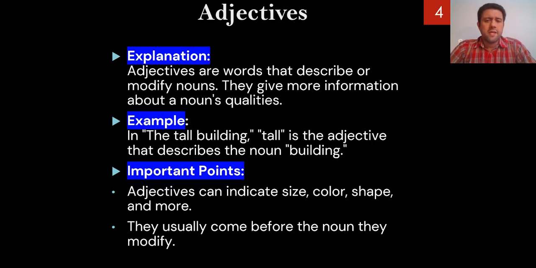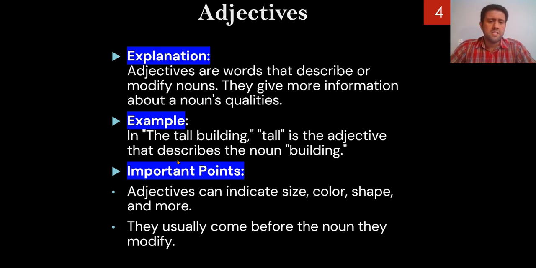The next one is adjectives. Adjectives are words that describe or modify nouns. They give more information about a noun's qualities. As an example, in the phrase "the tall building," tall is the adjective that describes the noun building.